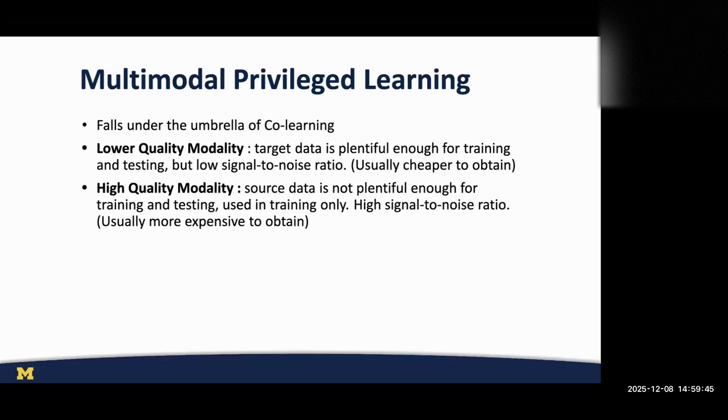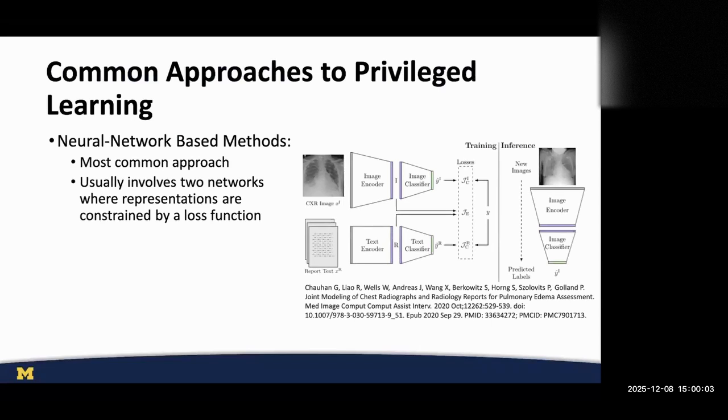There are some examples of papers where the CT is the lower quality modality that every patient is tested with, and then some patients get a higher quality MRI, and that is used as the privileged information. That's an example.